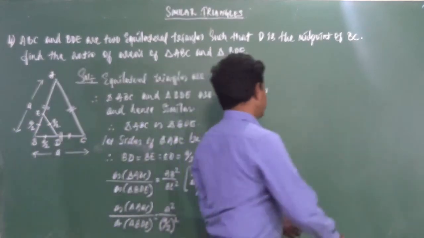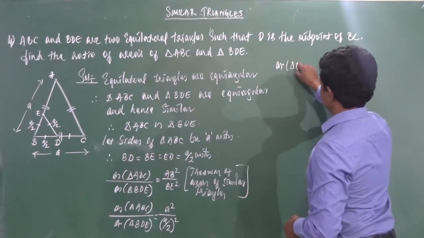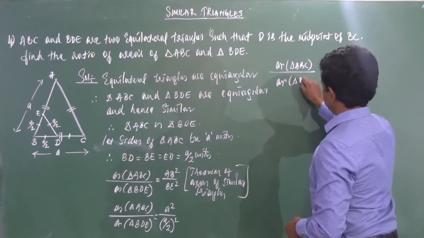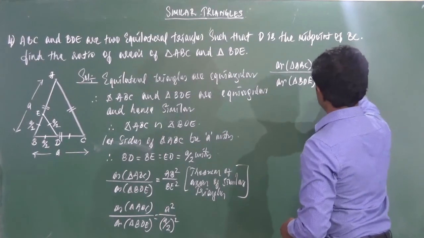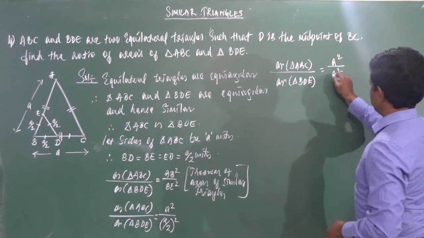So we will expand that, we will apply the square. So area of triangle ABC by area of triangle BDE is equal to A square by A by 2 whole square, so it becomes A square by 4.